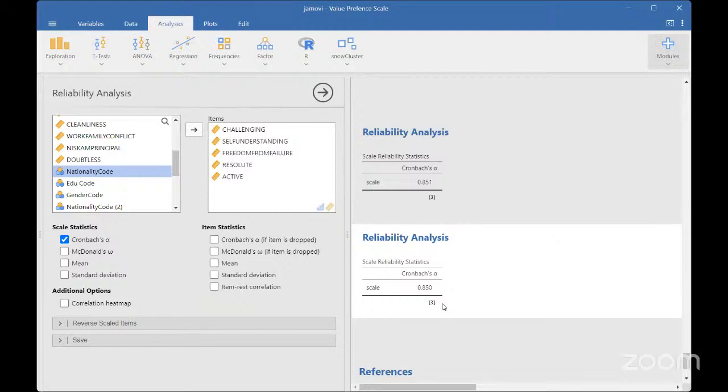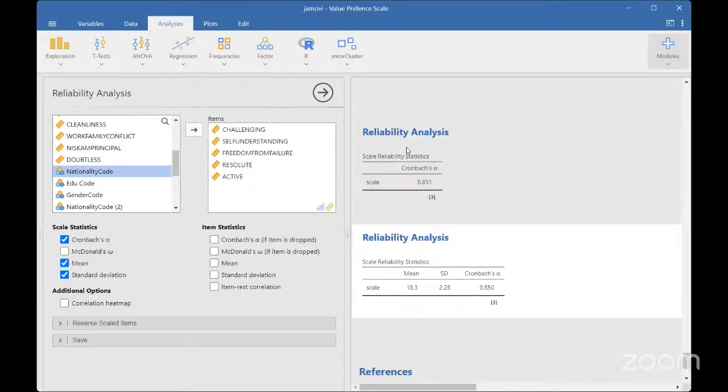This is also 0.85. Okay. Earlier 0.85, this time also 0.85. Okay, now you click the mean and standard deviation. 18.3, 2.28.